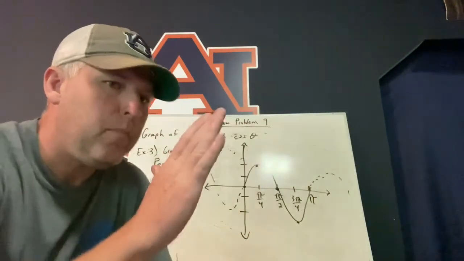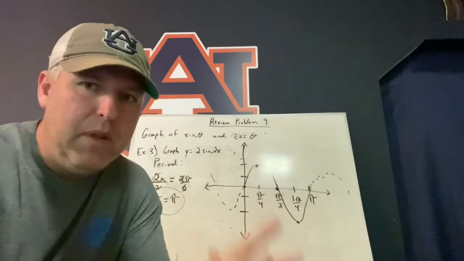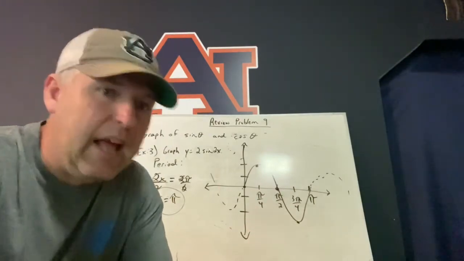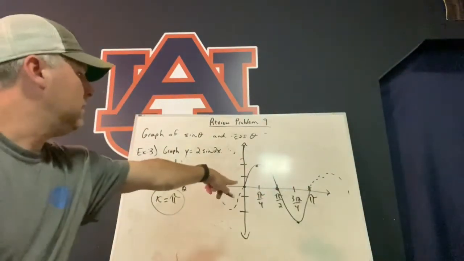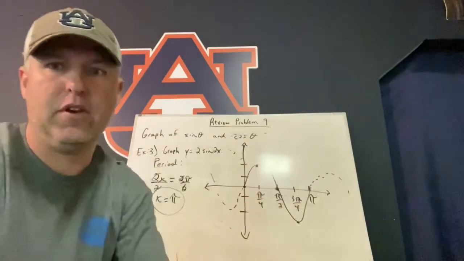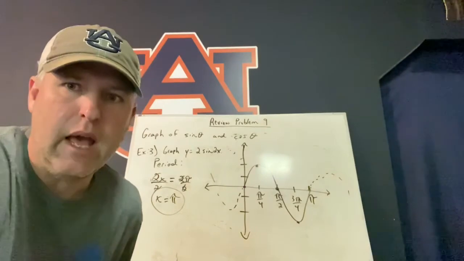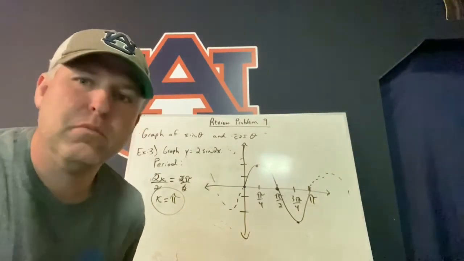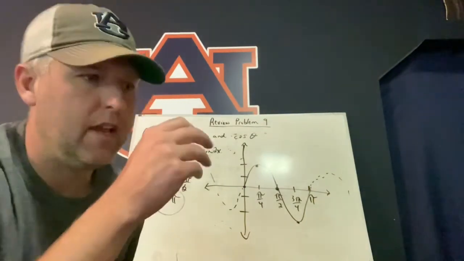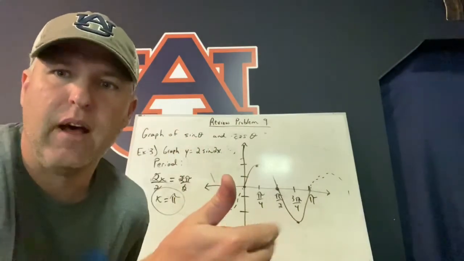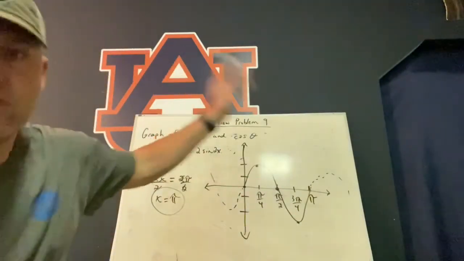Now, you're probably not going to see the x-axis labeled like pi over 4 or pi over 2, okay? You're probably going to see it as a decimal, okay? So the decimals could be 0.5. It could go 0.5, 1, 1.5, 2, 2.5, and so on and so forth.